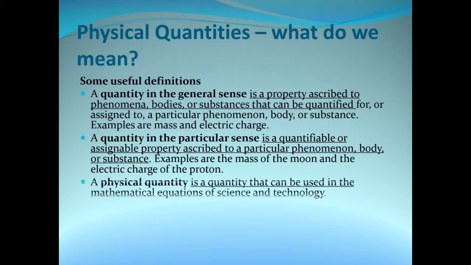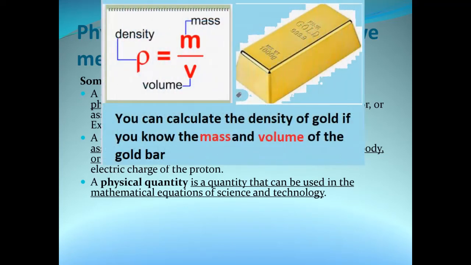Now, a physical quantity can be used in mathematical equations that we have in science and technology. For example, density is the mass per unit volume. I can use the mass of the gold that I have in kilograms and the volume of the gold bar that I have in meters cubed, and I can do a calculation and find the density of the gold.